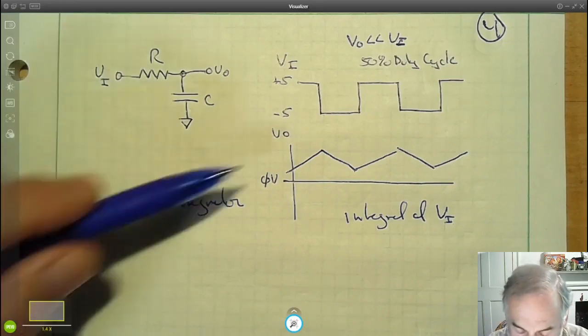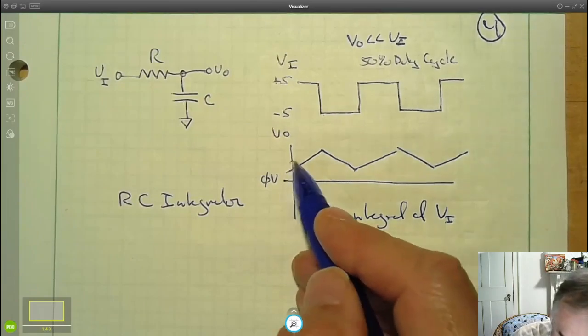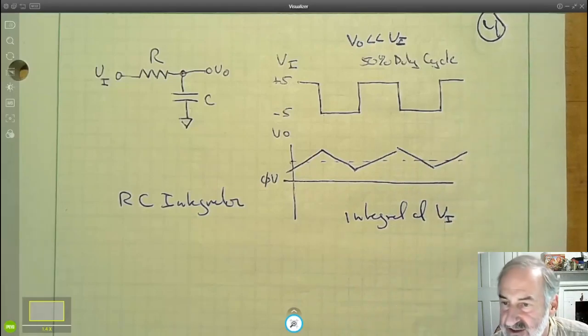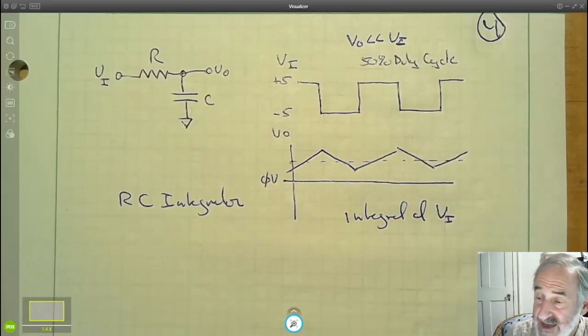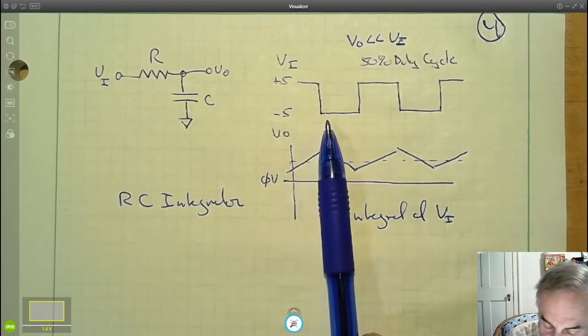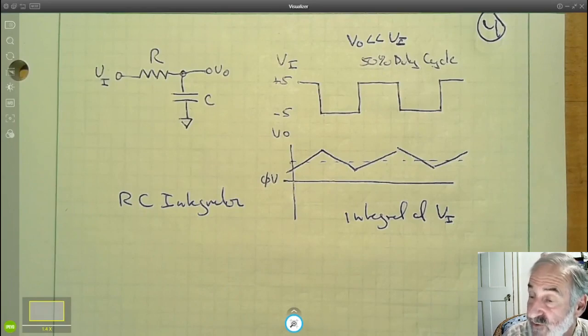So one question is, why did I draw the output with a slight DC offset rather than having 0 volts as its average DC? Well, this capacitor has been running since the beginning of time with a square wave into it. But at the beginning of time, we don't know whether it had 0 volts across it. Remember, a capacitor can start with any voltage.